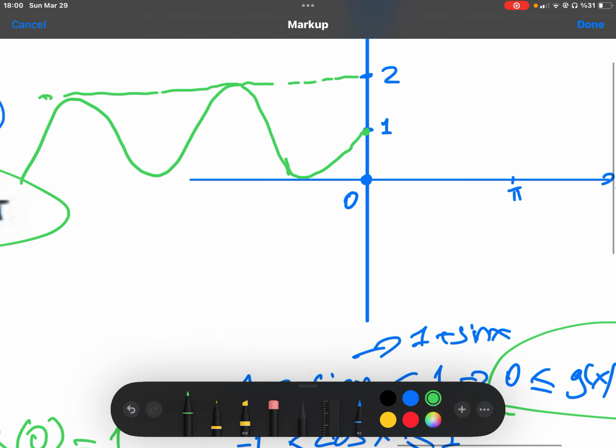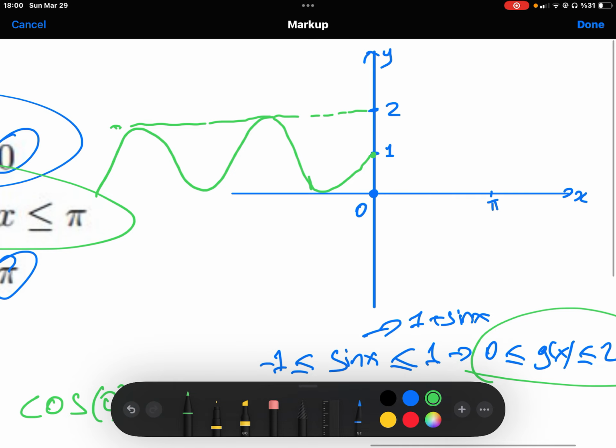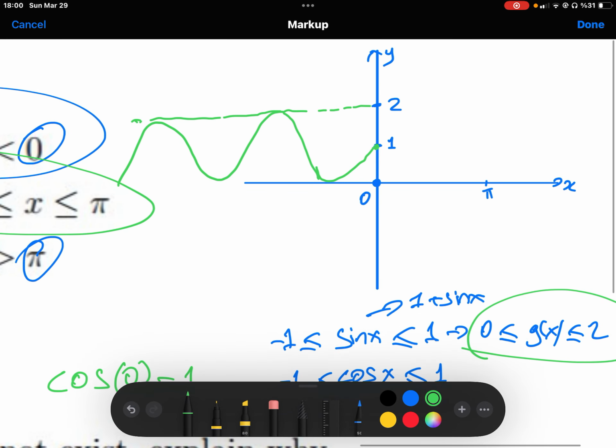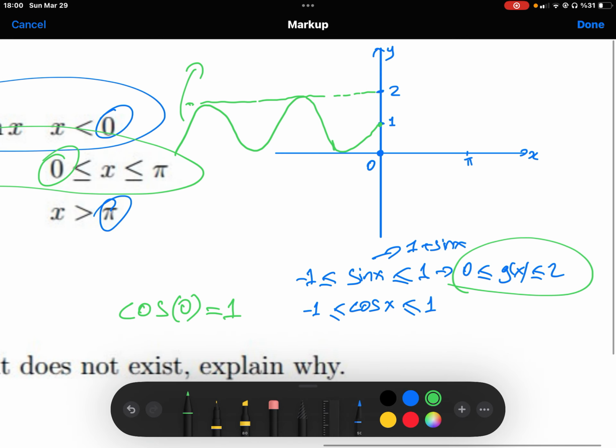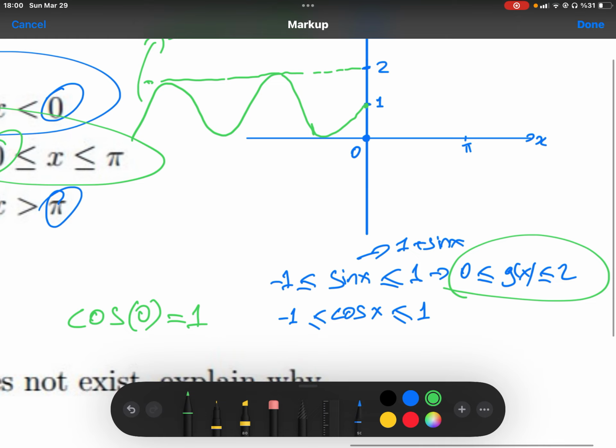So it will start from here again. It will start from the point of 1 again. Before I sketch this graph, I want to name the graph 1 plus sine x equal f of x to make it simple.